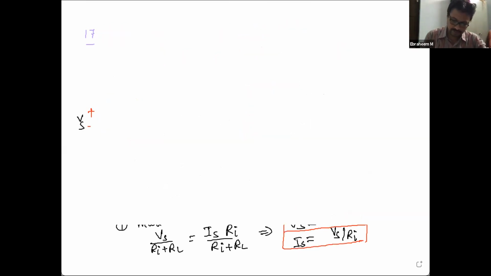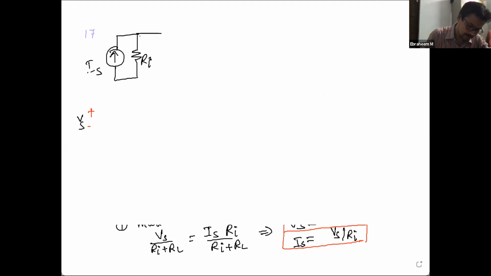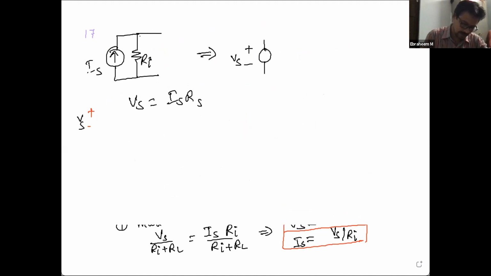If you want to transform a current source into a voltage source, then Vs must be Is into Ri.